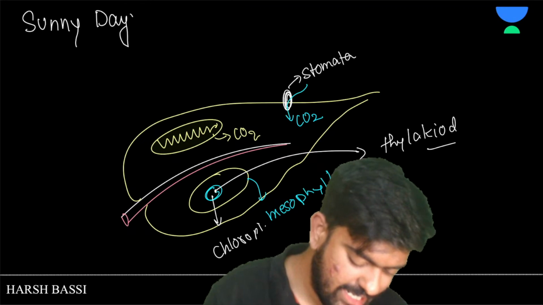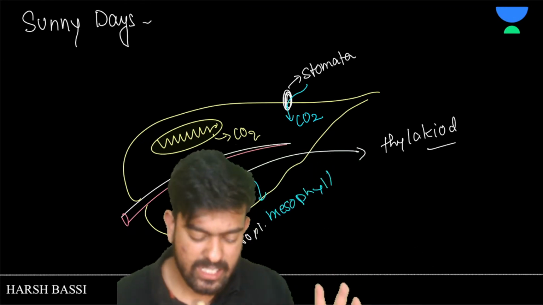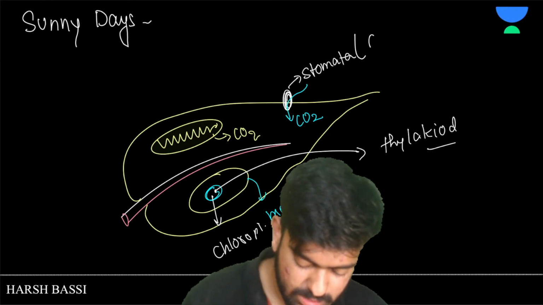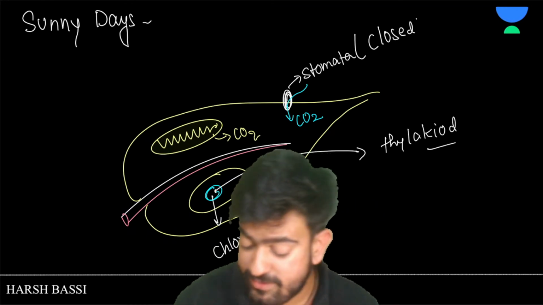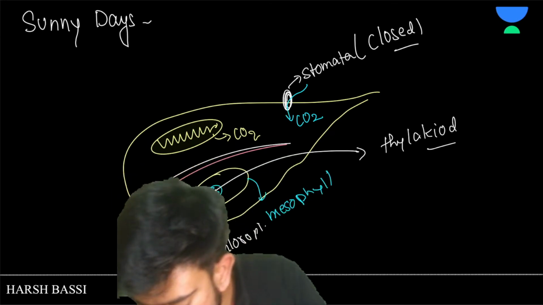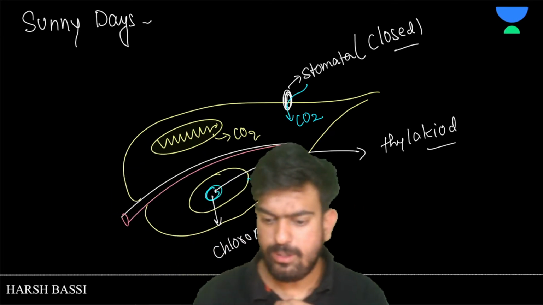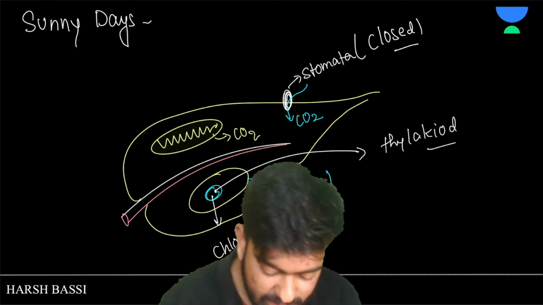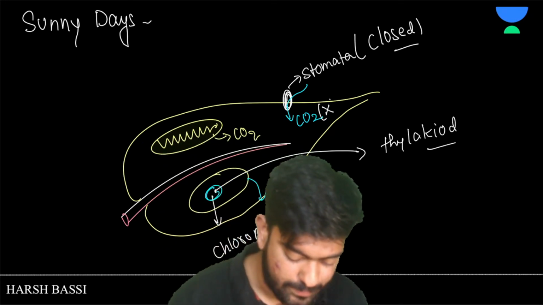So during the sunny days, what happens, guys? During the sunny days, the stomata will be closed, and let's close the stomata. Closed. And if the stomata is closed, there will be no CO2. Yes or no? Are you able to understand? There will be no CO2. And if there is no CO2, what will happen?